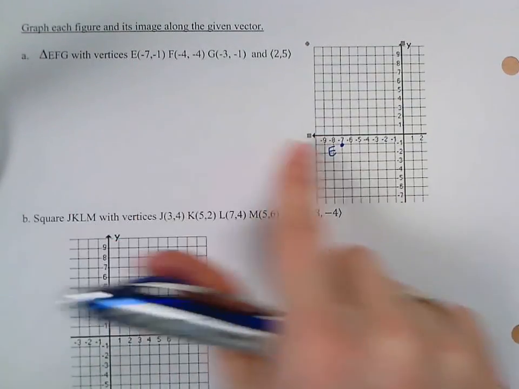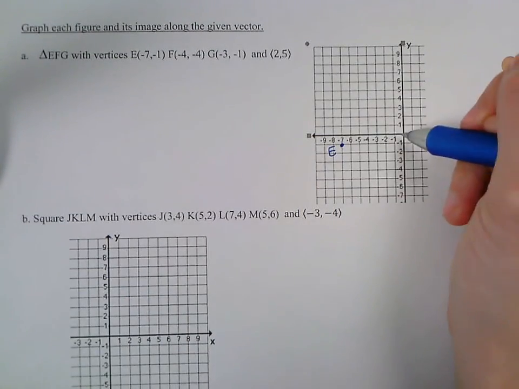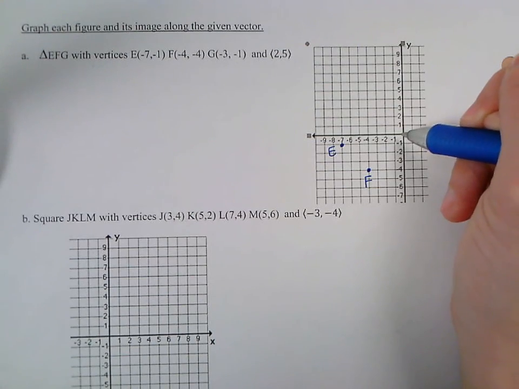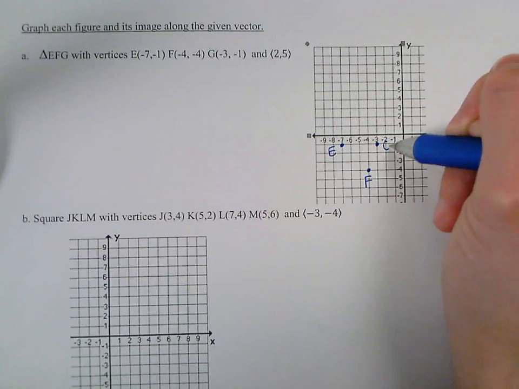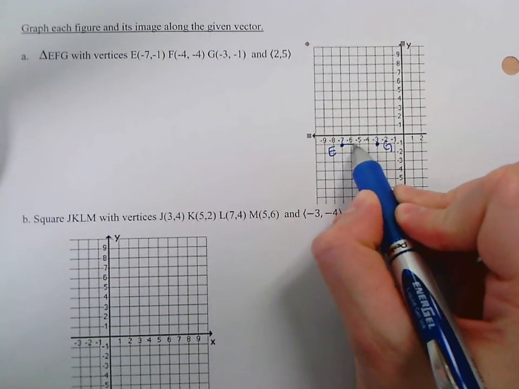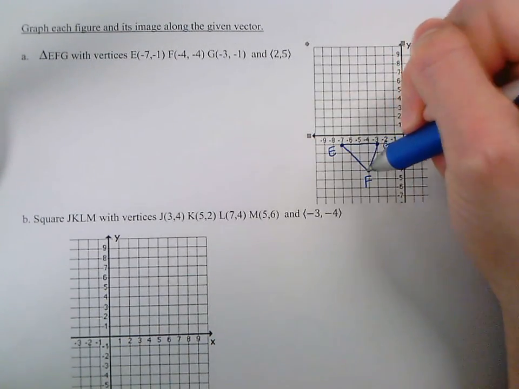So as I plot a point, I just label it right away. This is E. And then -4 is F. -3, -1 is G. And then we have our translation vector there. So I have a triangle.